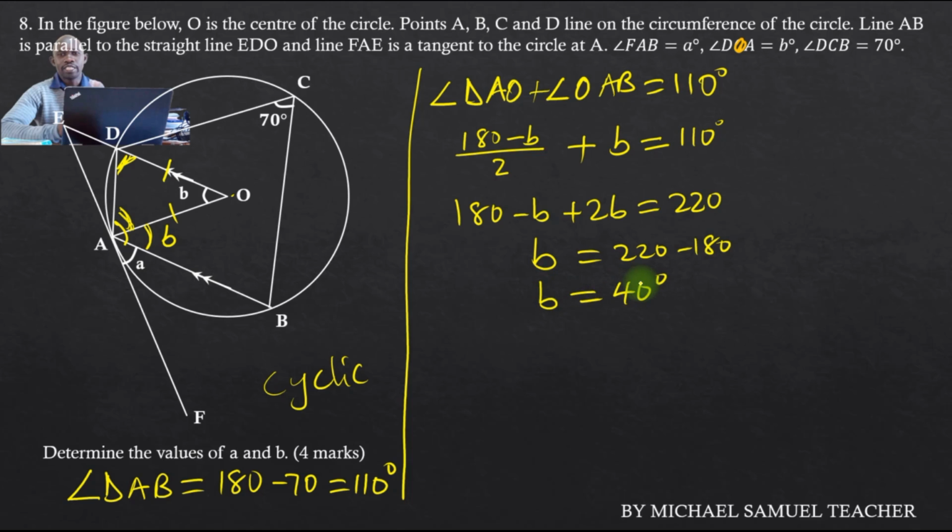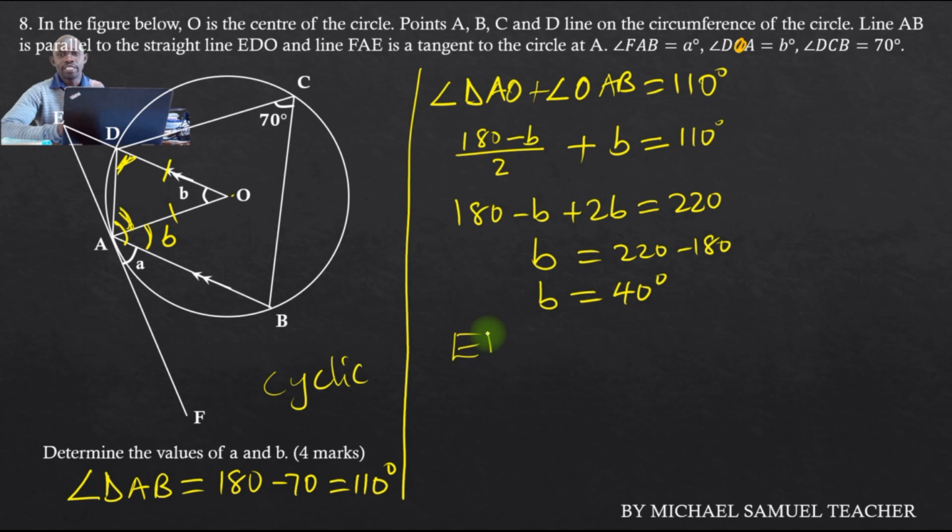Then we also have tangent EF. Tangent EF is perpendicular to the radius AO at point A, and therefore if that is the case, then a plus b is equal to 90.